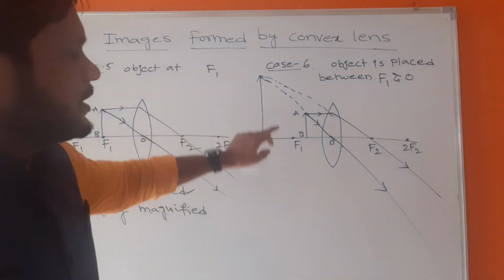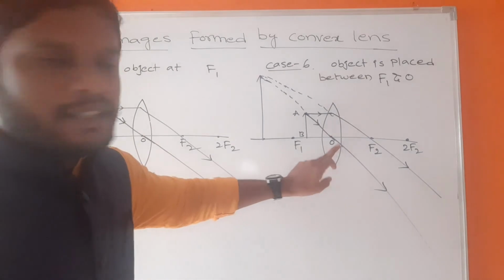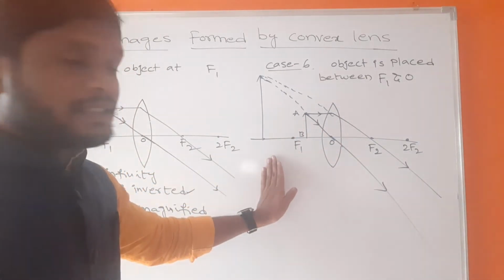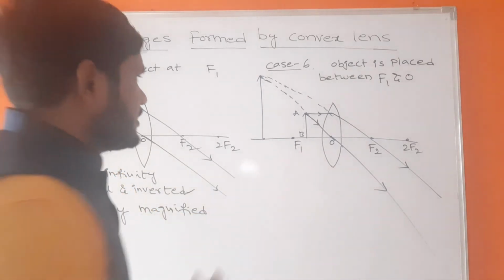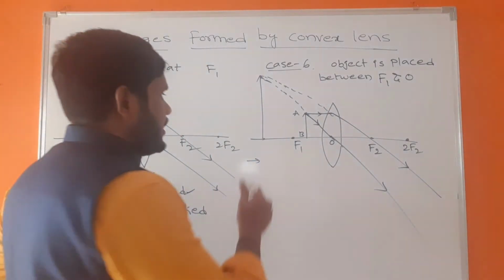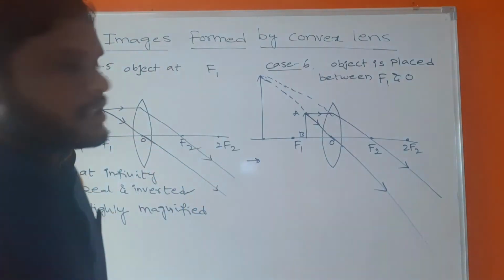So this is what we can see when the object is placed between F1 and the optic center. So the image is going to be formed behind the lens, on the same side as the object.